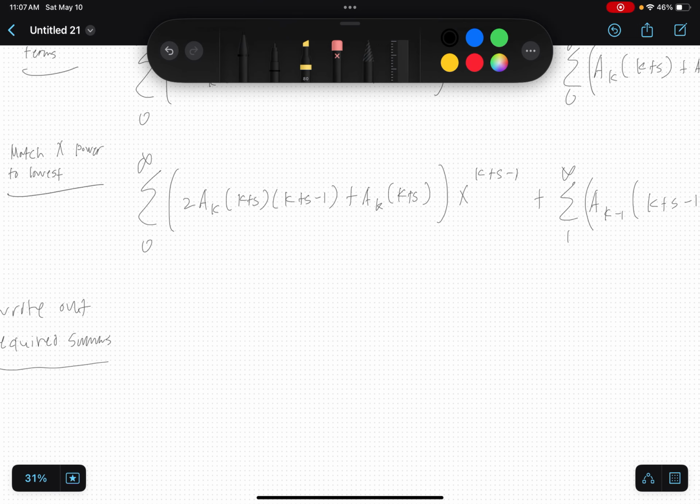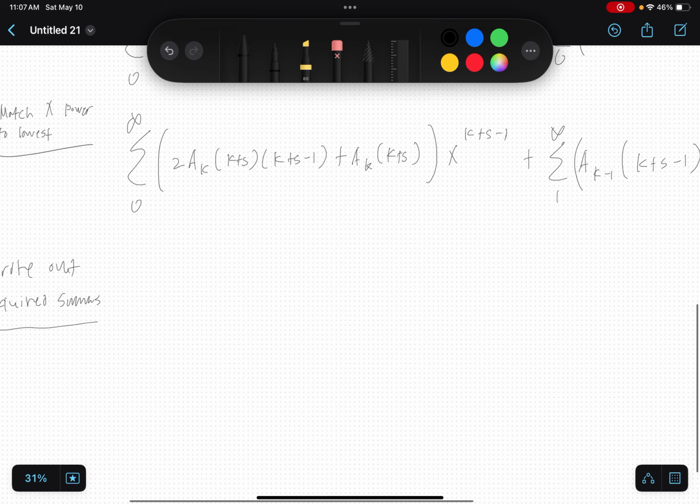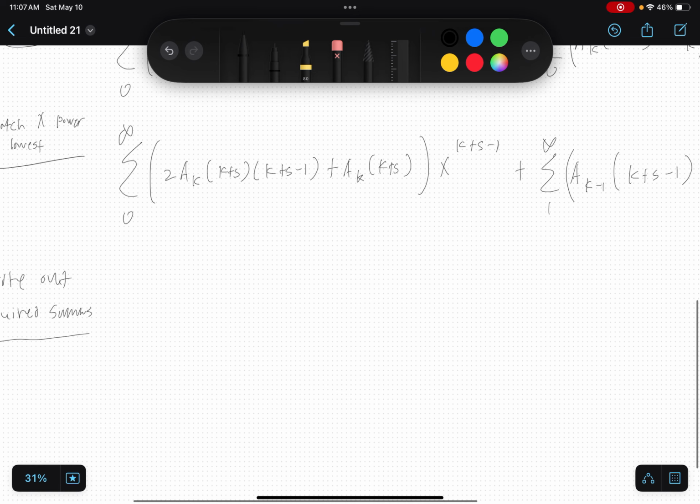So for this one, it would be, so we plug in 0 for k and we write it out.